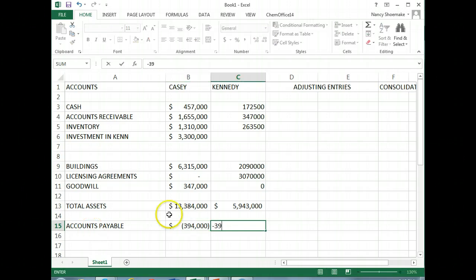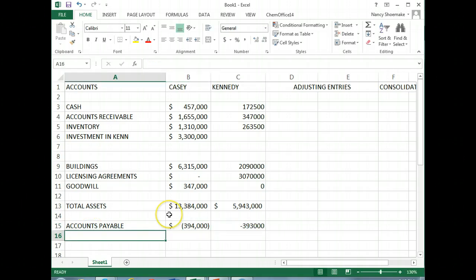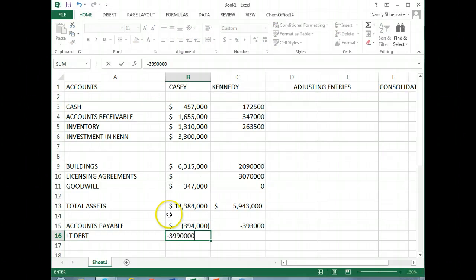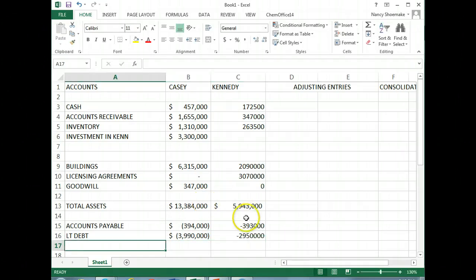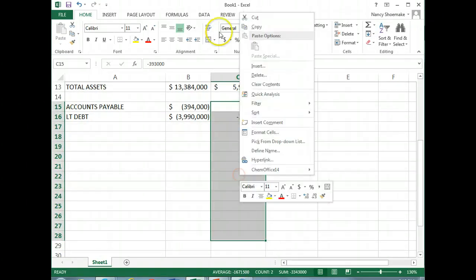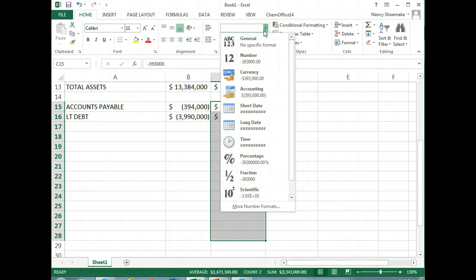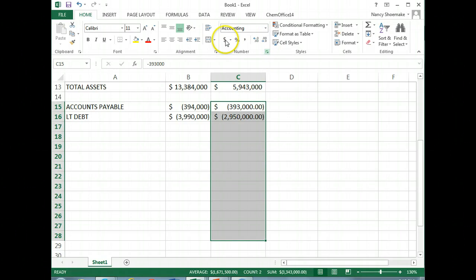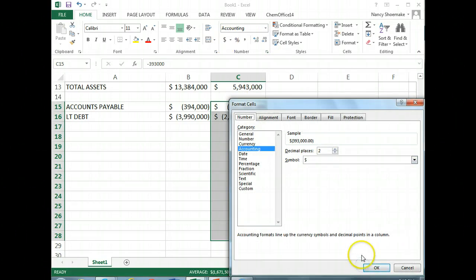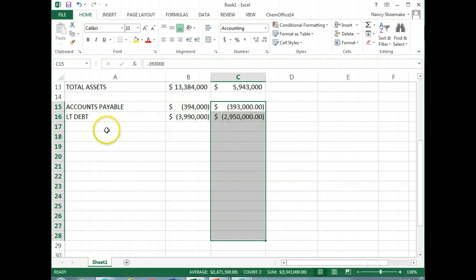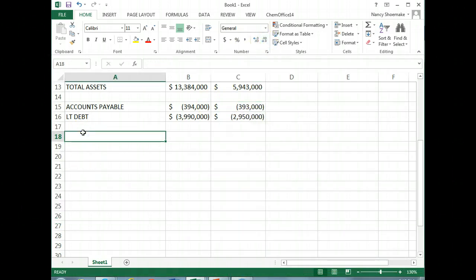This is minus 393. Long-term debt. Minus 3,990,000. Minus 2,950,000. If you see me putting a wrong number, will you tell me? Okay. $2,950,000. I said that? Yeah.